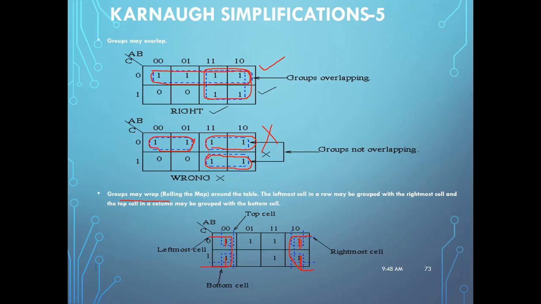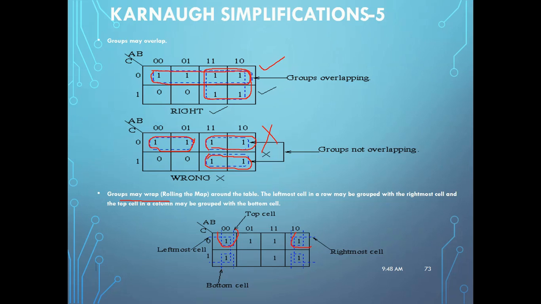You can group in this manner, or another way of grouping is also possible. I'll tell you how you have to group. Another way of grouping is you have to group all the corners.